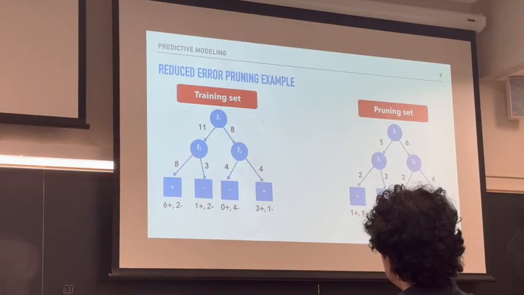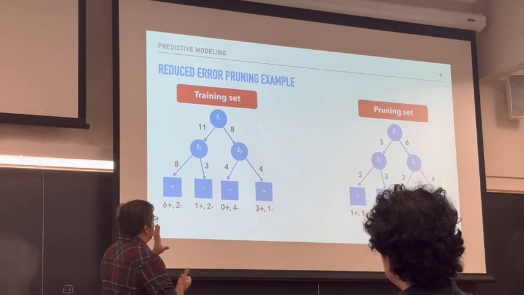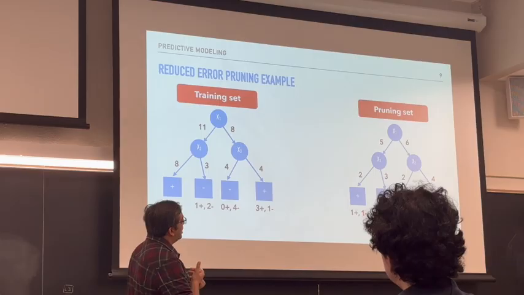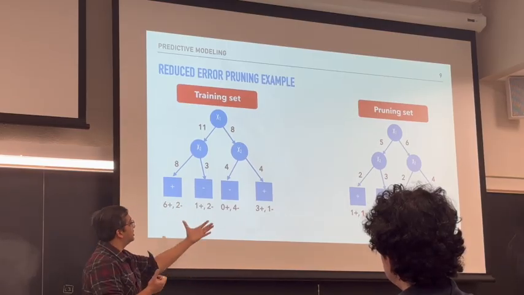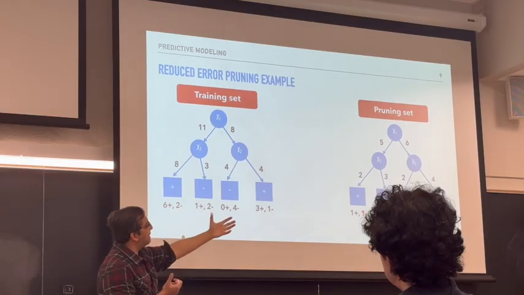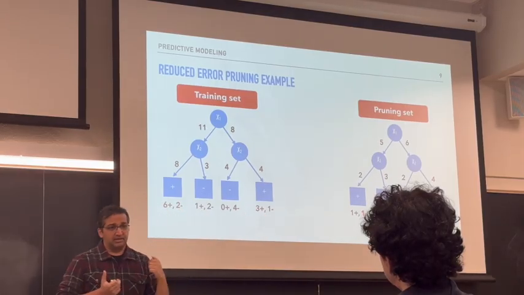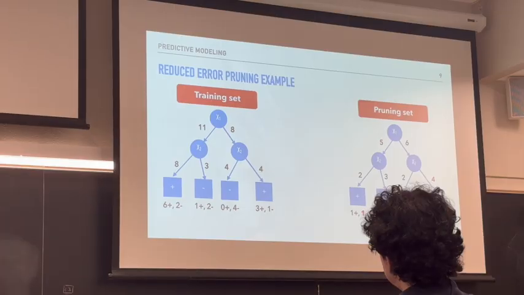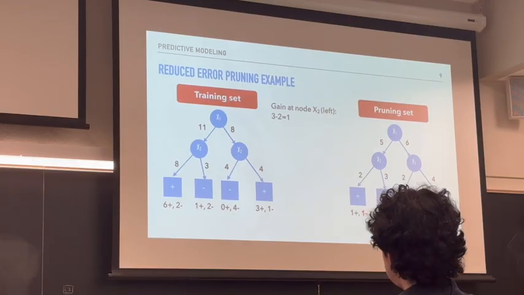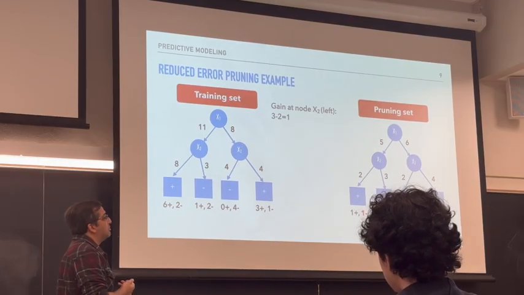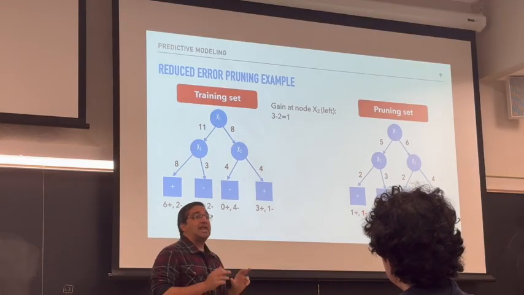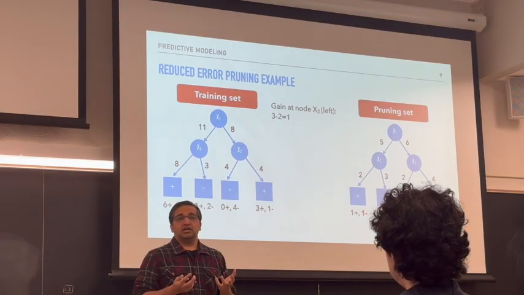So here is a particular example. Let's say using your training data, you have built this tree, and then you have some test data, which is my pruning set, right? So the tree was built like this, and then I'm testing it using data that looks like that. Those are the errors that you get on the test data. Now let's say I define gain as the number of inaccuracies that this tree is making.